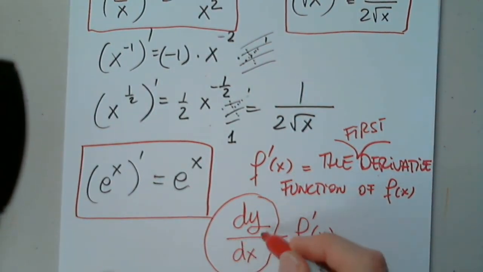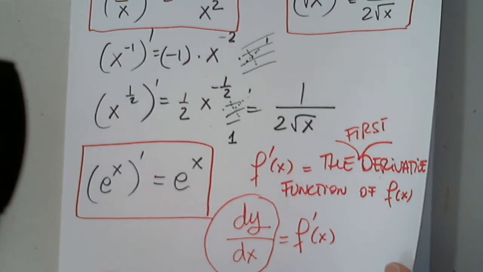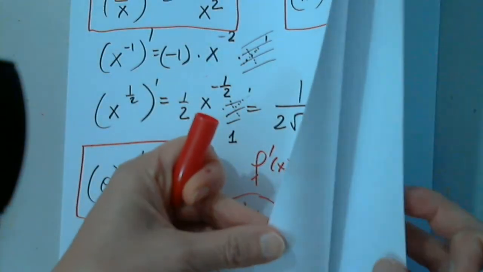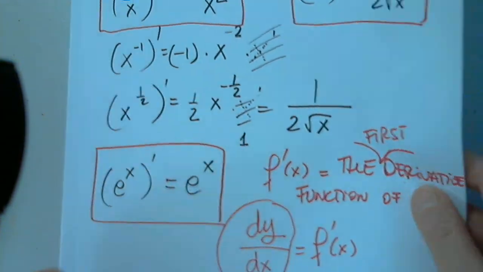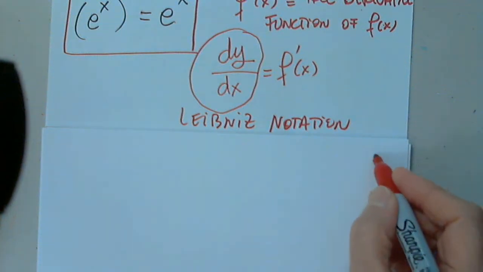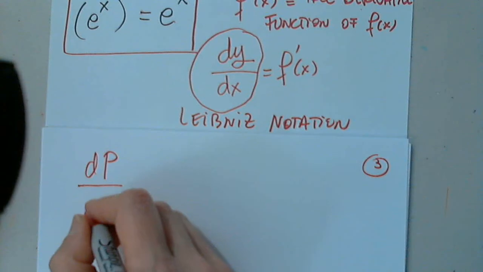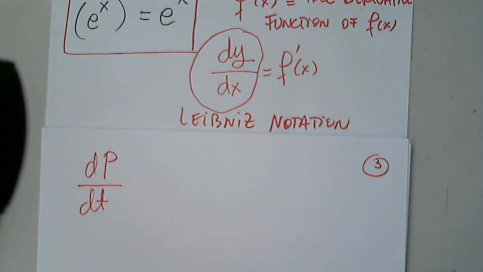So what does this say? That we are differentiating a function which now is denoted by y with respect to x. So if I don't show you the function, and I'm asking you, what does dp, let's say, over dt mean?